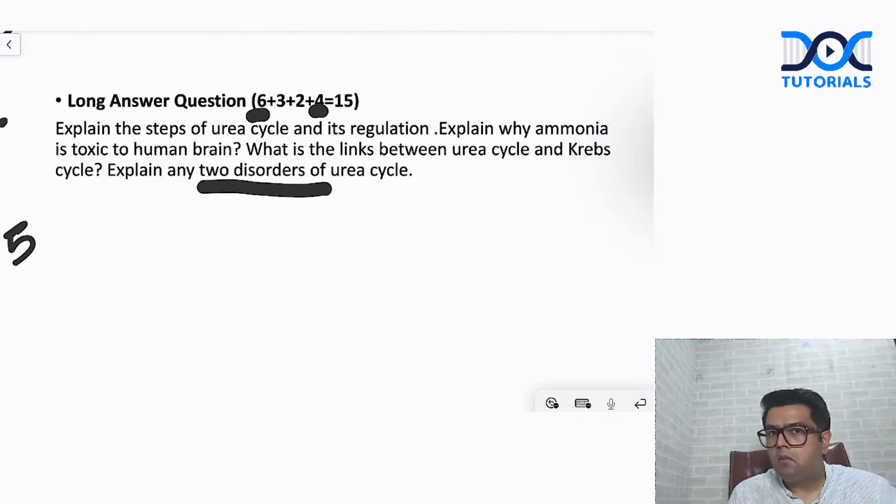And if you know some clinical point, that is fine. Otherwise, it's even okay. You will get good marks here, so don't leave this. This is the more scoring portion. 4 marks and you have to just mention 2. You can mention 4 also, and you may get slightly better marks.